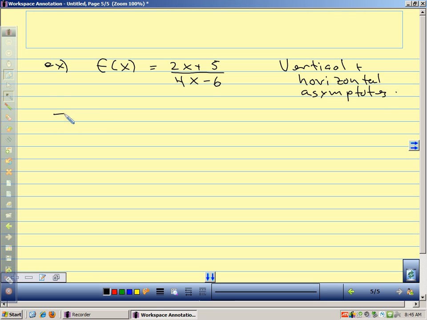So let's look at our vertical first. Where are we going to have a vertical asymptote? What do we do to find it? What happens in our function to give us a vertical asymptote?